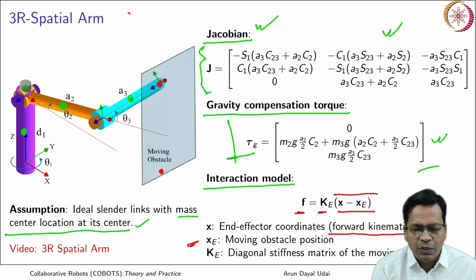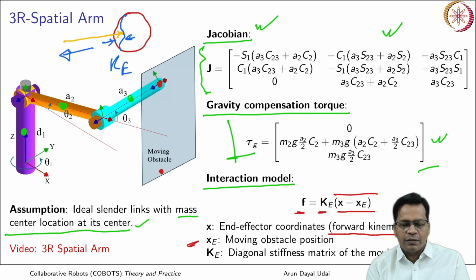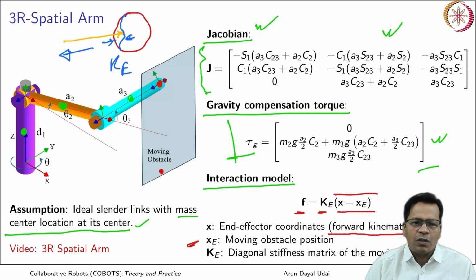So that compression multiplied by the stiffness of the obstacle gives me the forces. Okay, so if this is an obstacle, due to the robot's movement into that, you get some deformation here. This deformation times the stiffness gives me the force that is generated. And this force is normally along the direction perpendicular to the plane of this compression.